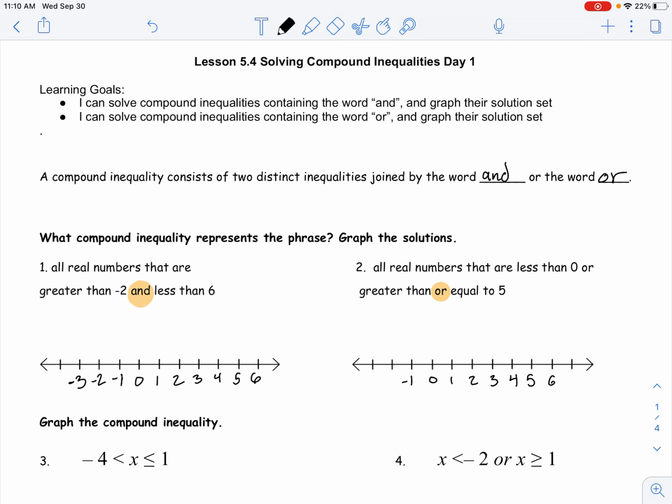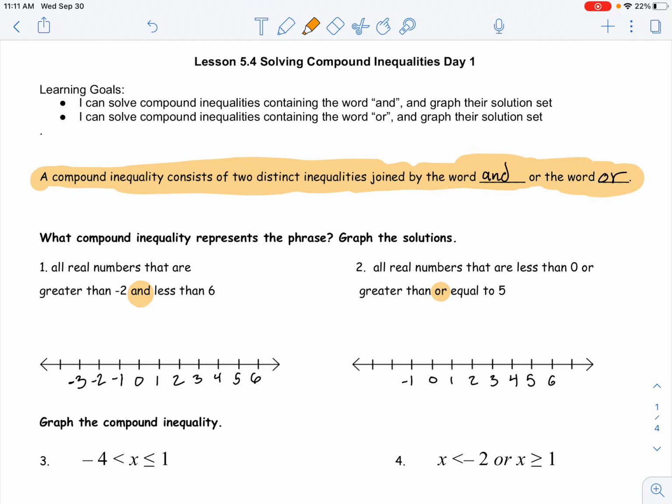So compound inequalities, basically what this means is we are going to be doing more than one inequality on one number line. So everything else is the same, except now we're just doing more than one and we're putting them both on the same number line. The only thing that you need to know that's kind of brand new is that a compound inequality consists of two distinct inequalities. It just means two different inequalities joined by the word and or the word or.